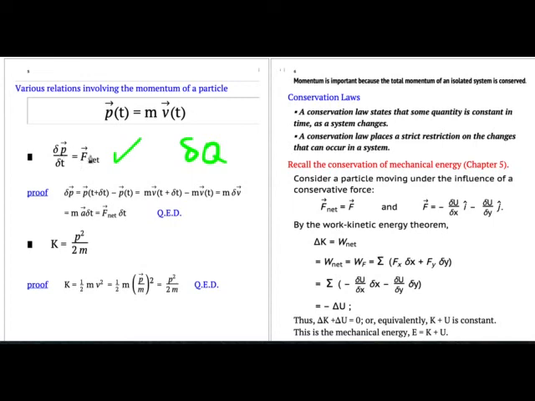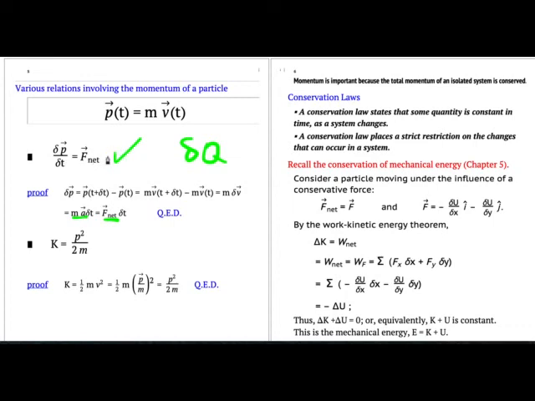So you see, this is actually just a different way of writing Newton's second law. Newton's second law says ma is F. Well, for a particle, ma is the rate of change of P, momentum.